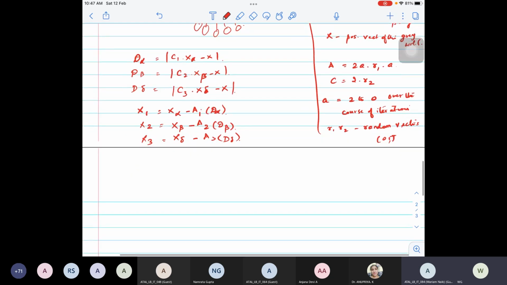And X of t plus 1 is given by X1 plus X2 plus X3 divided by 3. This is how the hunting and the updation of the positions of these wolves take place.